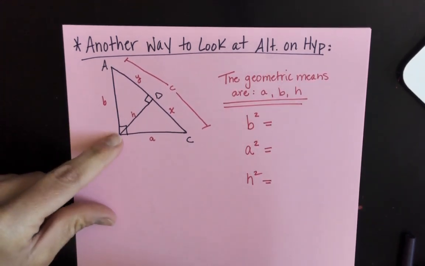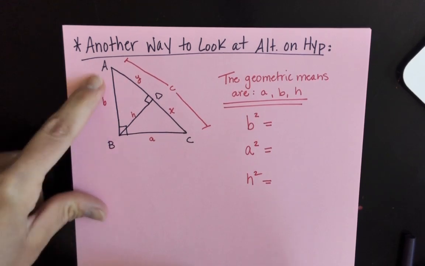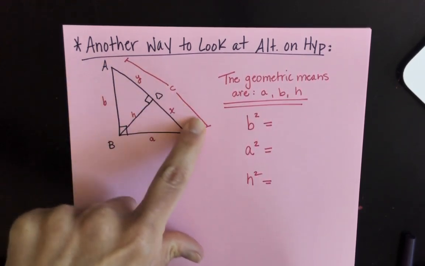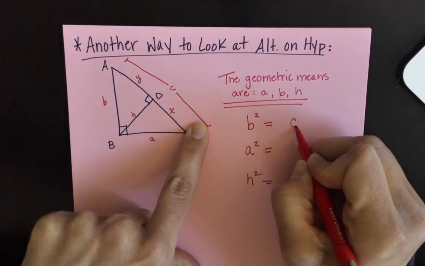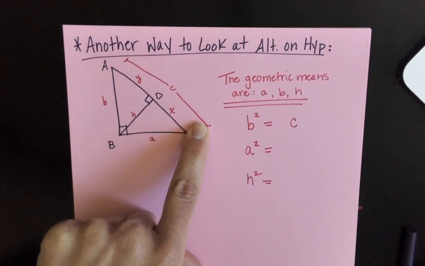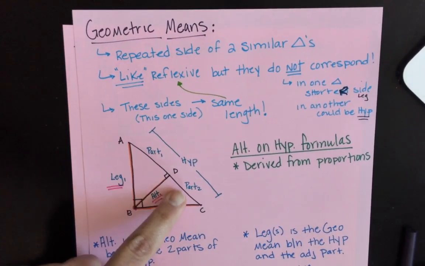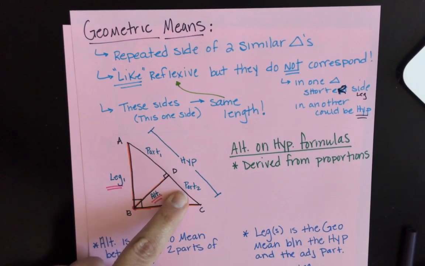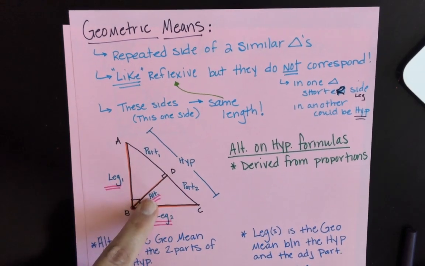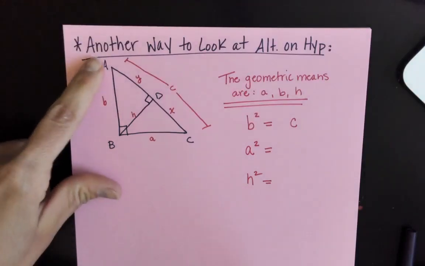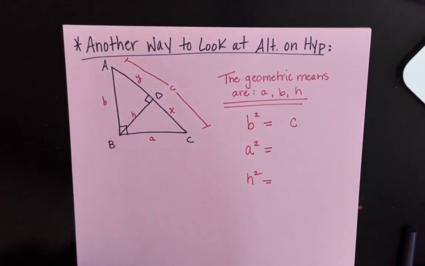All right, so if we have B, the adjacent part to B, I will agree, the hypotenuse is C, but what's the adjacent part? So remember we talked about part 1, part 2. What's the adjacent part? We already named altitude. So if B had that adjacent part, what's going to be its part?